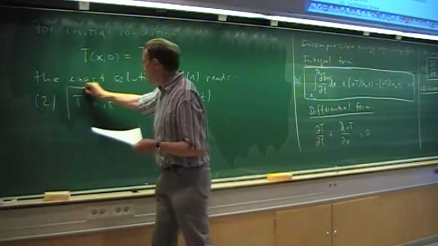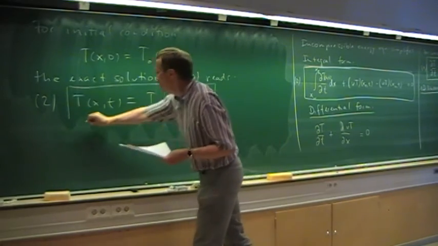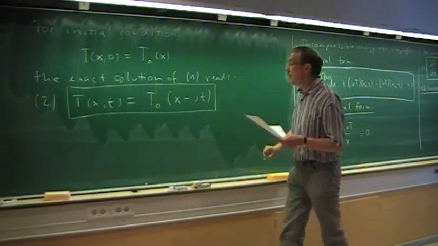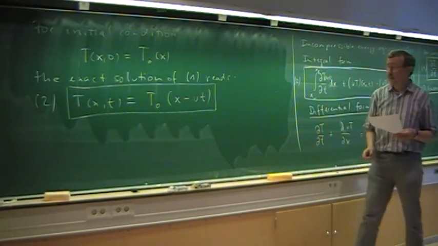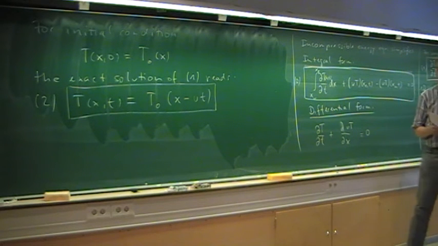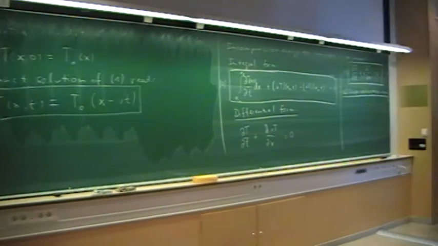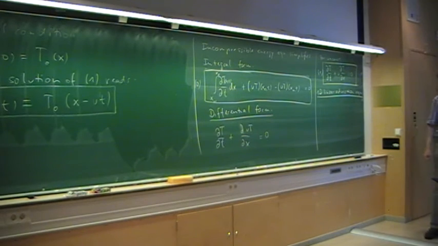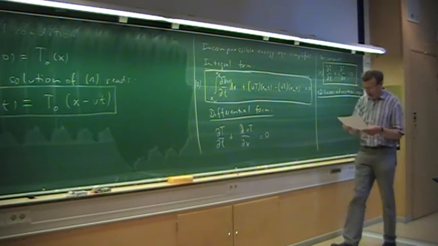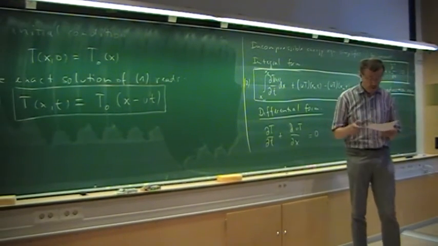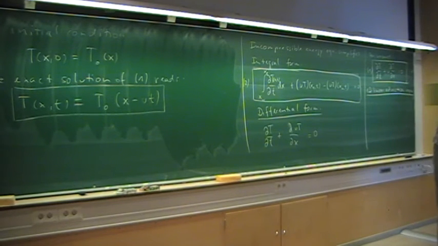So that is the exact solution of the 1D linear advection equation. But if you don't believe me, and I think you should not do that in the beginning, you should try it. You take that, insert it in here, and make sure that that is really true. So check it by inserting it into the PDE.